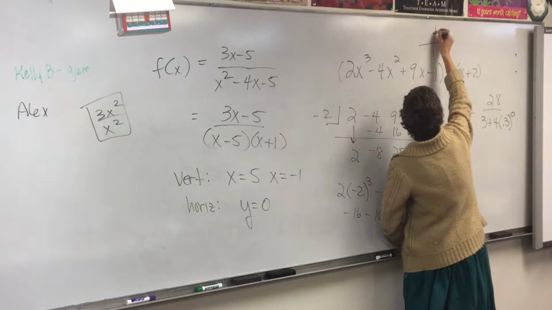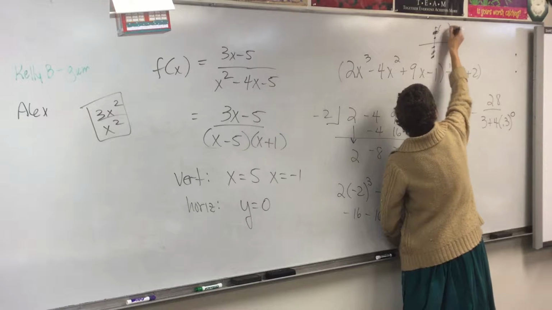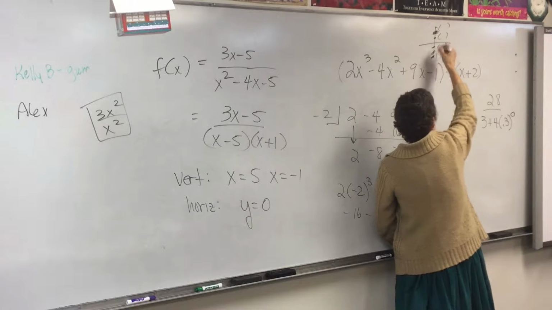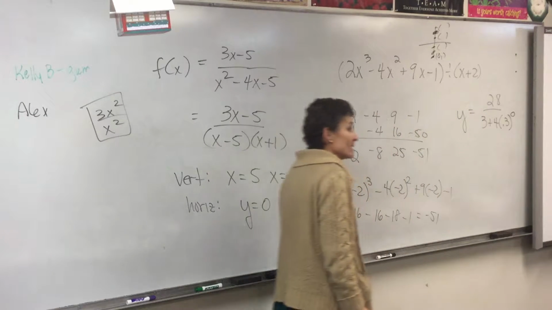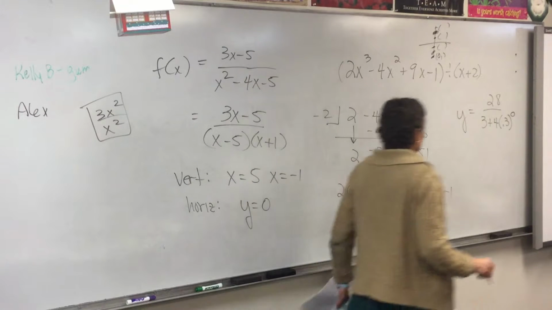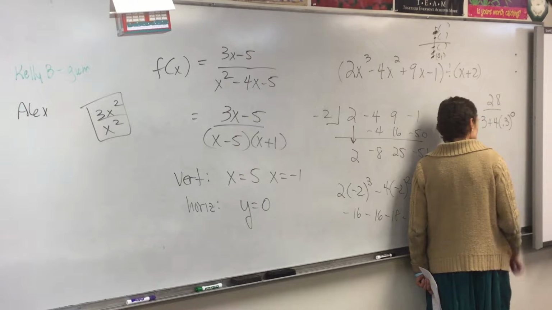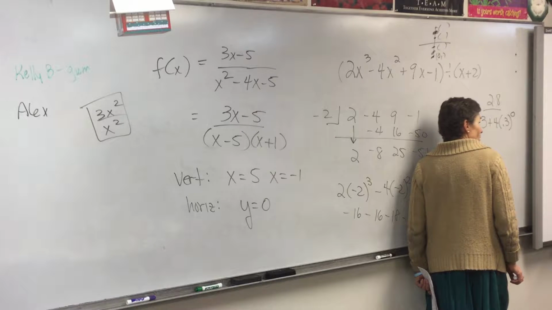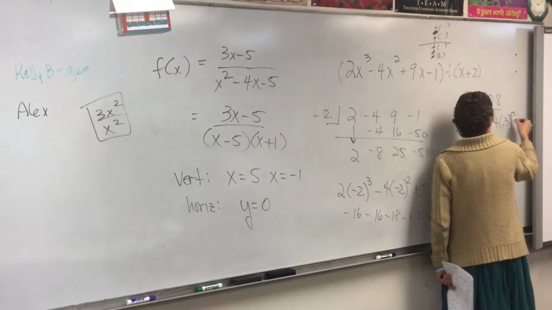If you are a y-intercept, I don't care where you are, if you are anywhere on the y-axis, what can you tell me about all of these points? They all have x as 0. If you want a y-intercept, you're going to let x be 0. Now, what is 0.3 to the 0? 0.3 to the 0th is not 0. 0.3 to the 0th is 1.